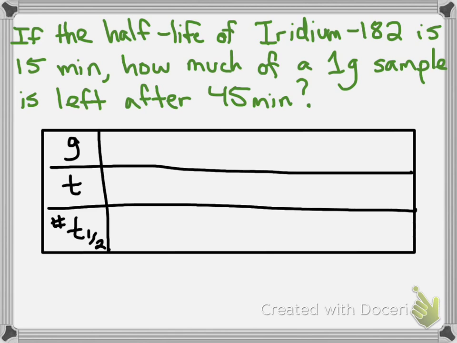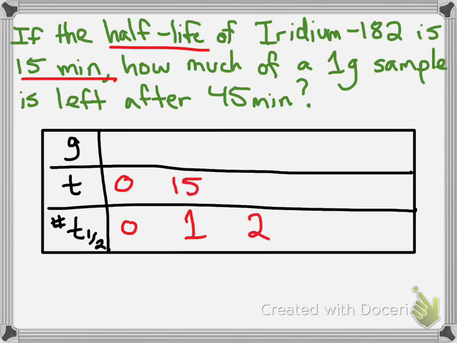First I need to fill in the information that I'm given. I'm told that the half-life is 15 minutes. So if I have 0 half-lives, 0 time will pass. But after 1 half-life, 15 minutes will pass.